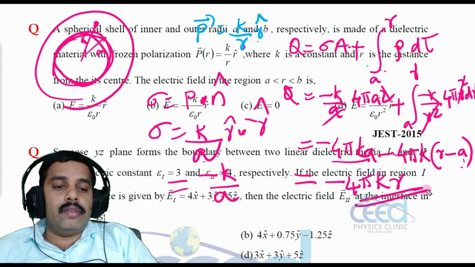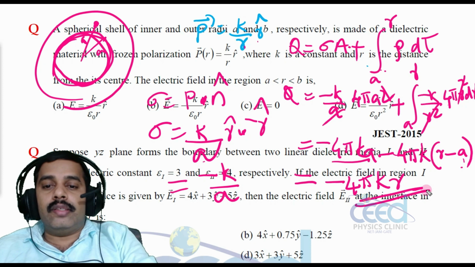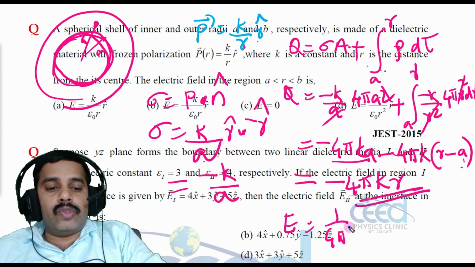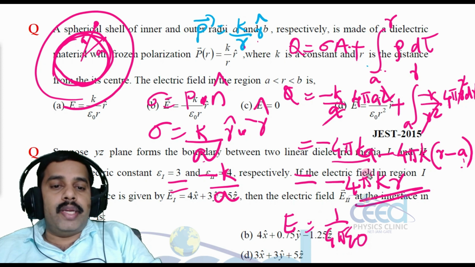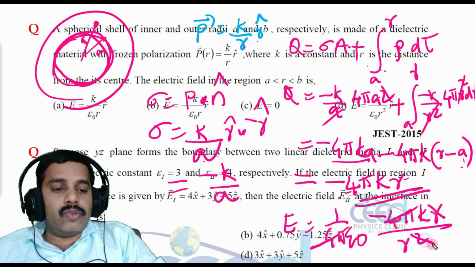Now when you substitute, we need to find the electric field. What is the electric field? 1 by 4 pi epsilon 0 Q enclosed by r square. What is Q enclosed? Q enclosed is minus 4 pi kR divided by r square, right? So this 4 pi cancels, and this r square cancels. So what will be the final result?